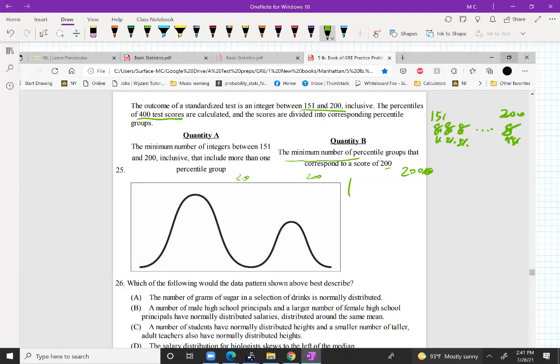I guess they could be equal, huh? Then if everybody got 200, that would be 1 for the right and 1 for the left. What's wrong with that? Inclusive. The 200 would have all the percentile groups.